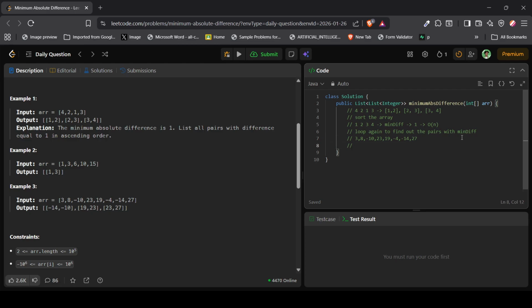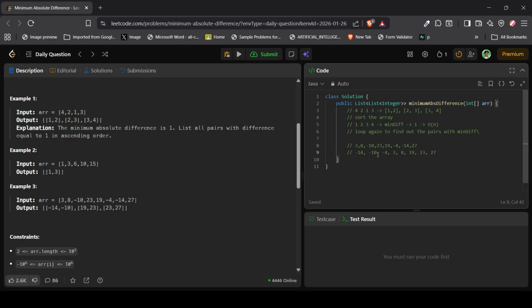So at first it will be minus 14. After sorting it out, it will be minus 14, then minus 14, then minus 10, then after that minus 4, then after that there is 3, right? 3, then there is 8, then there is 19, then there is 23, then there is 27, if I'm not wrong. 1 2 3 4 5 6 7 8, 1 2 3 4 5 6 7 8.